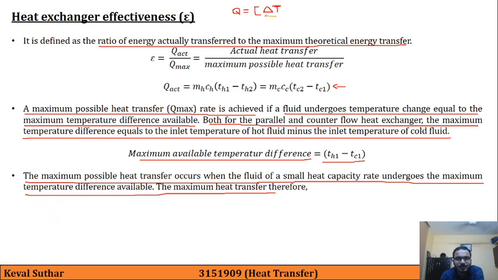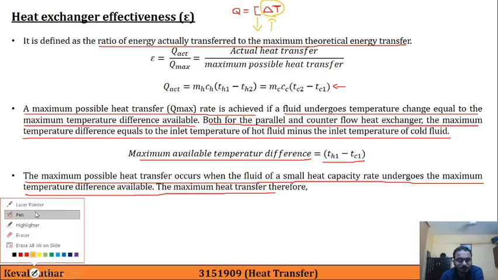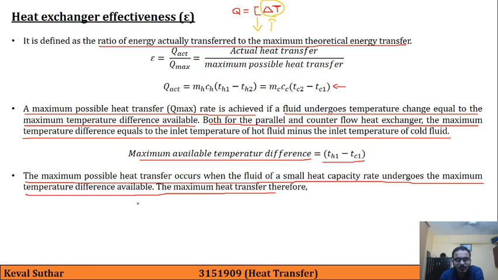That is, to keep this delta T maximum, the value of C should be minimum, because that is the nature that we studied in our previous slide, that if C is minimum, then delta T would be maximum. So here the maximum heat transfer rate is given by Q max equal to C minimum into TH1 minus TC1.